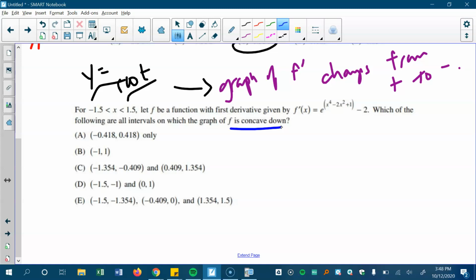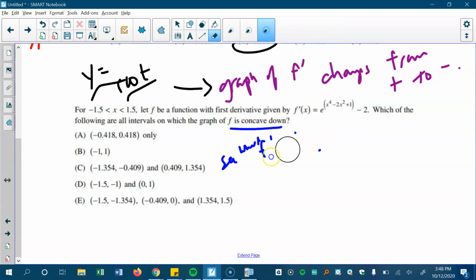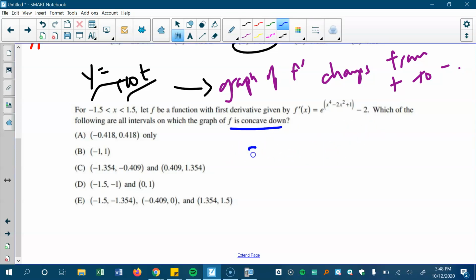Either one, on the derivative function, see where f prime changes from... it's not, I'm sorry, hold on. I'm thinking of a couple things at once again, and I get confused when I do that. Let's try that again.